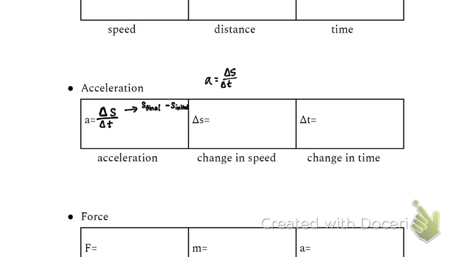What needs to happen to get speed alone? Whatever's on the bottom gets multiplied on both sides. So delta S, or change in speed, is the change in time times your acceleration.